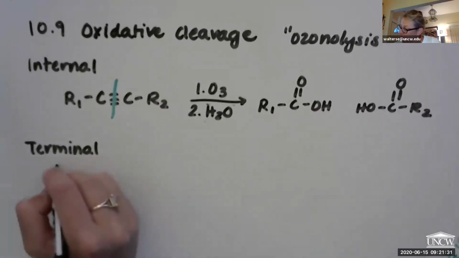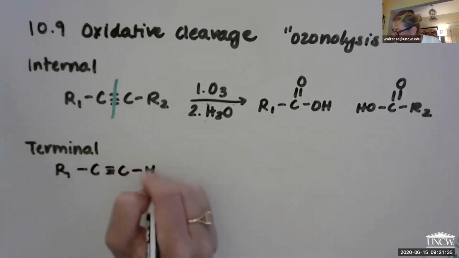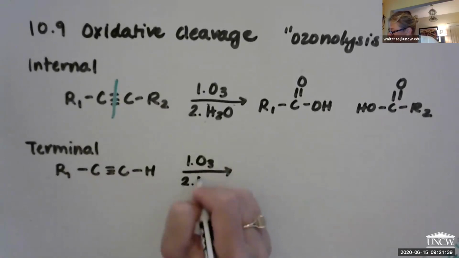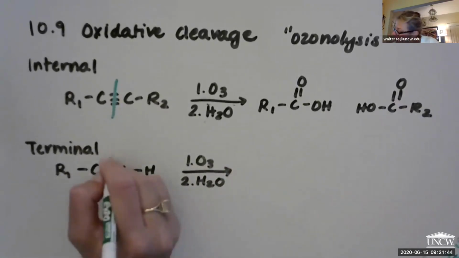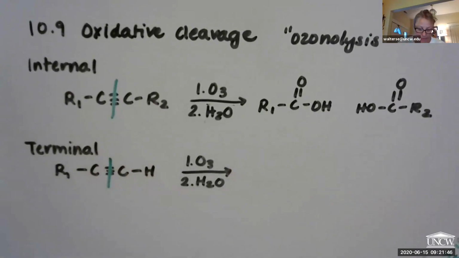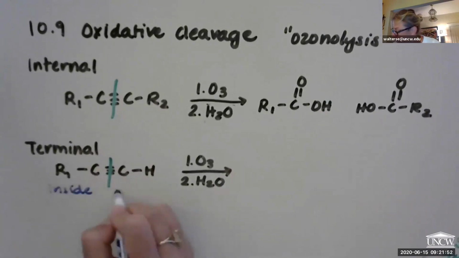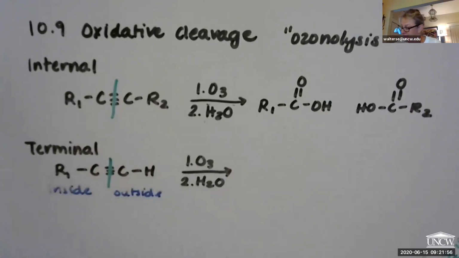If it's terminal though, and you do the same reaction, then when you break here, I would call this the inside piece, and this would be the outside piece because of the presence of that terminal proton.